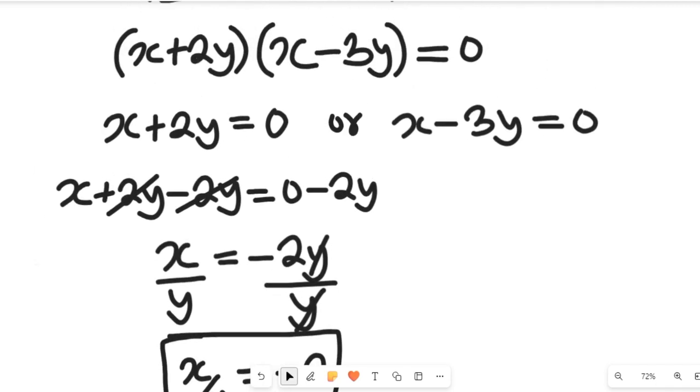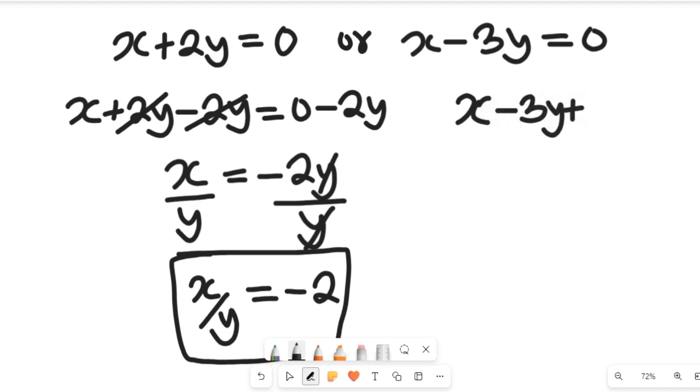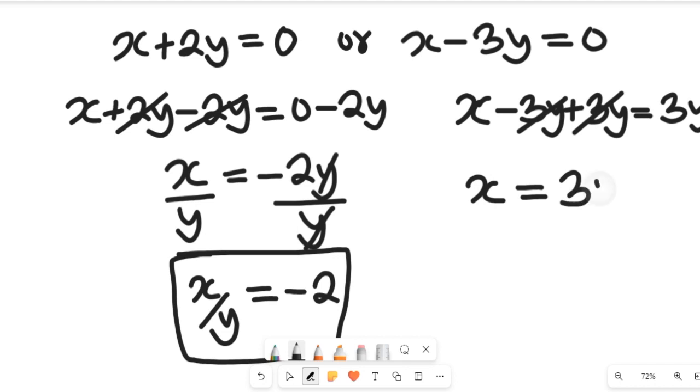Now let's look for the second solution. From this second part, you come to see that we have x minus 3y equal to 0. If we add 3y to both sides, we'll have x minus 3y plus 3y, and that will be equal to 0 plus 3y, which is 3y. So here you notice that 3y will clear 3y, and then we'll have our x to be equal to 3y.